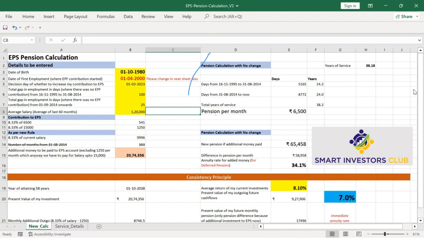Children will get 25%, up to two children, 25% each. But I also read it is only up to their age of 25. I did not see the age, but maybe we can check that again. I remember reading 25% somewhere. My suggestion is to go directly to the EPS website, where the information is available, and we can get that figure.